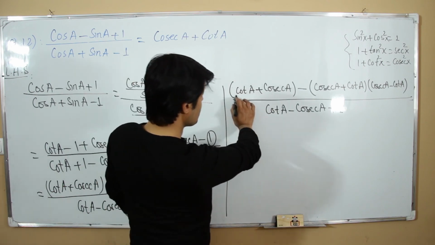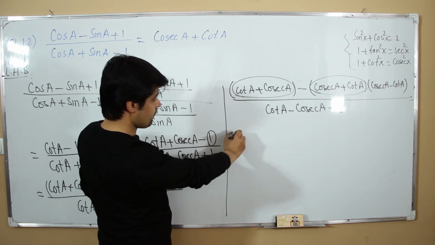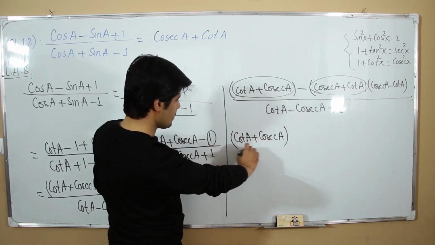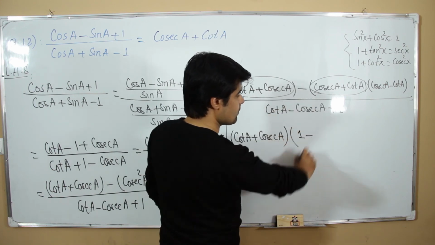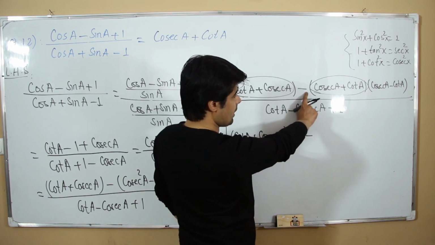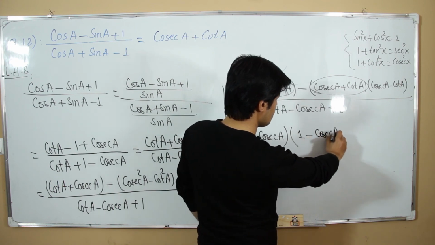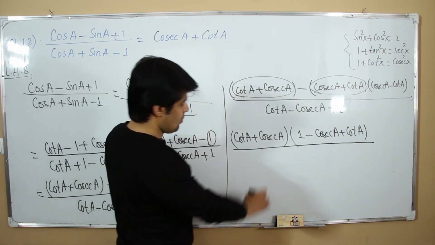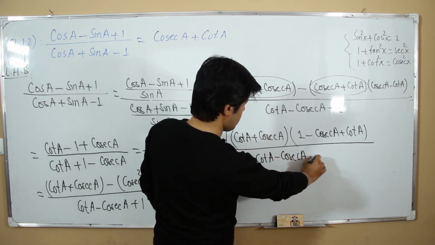Now listen, this one is same with this one, so you will have your factor cotangent of a plus cosecant of a as a factor. Now the remaining is this one divided by this one, it is 1 minus this divided by this one, the second bracket, minus 1 is multiplied with the second bracket, so you will have minus cosecant a plus cotangent a divided by cotangent a minus cosecant a plus 1.